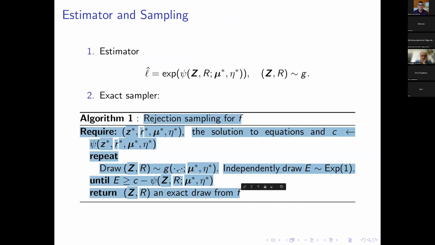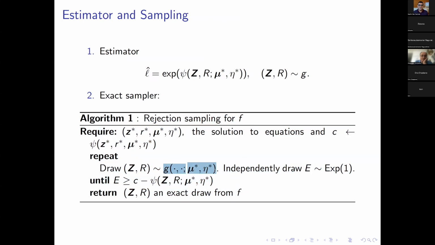So this is rejection sampling where we just use the importance sampling density. We calculate a likelihood ratio, compare it with some uniform, or if we do the log likelihood ratio, we compare it with an exponential variable. And if a condition is satisfied, then we get an exact draw.